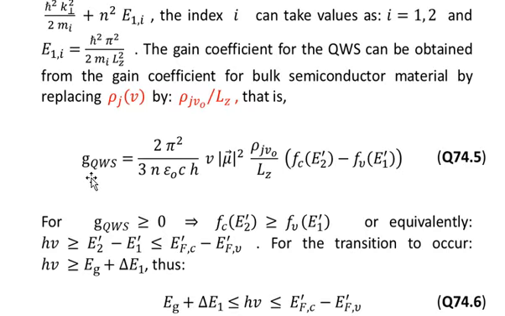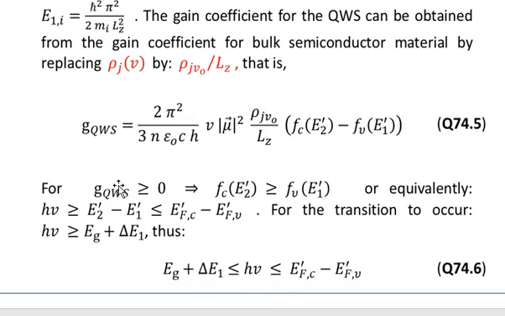Now you see that this gain coefficient for the quantum well semiconductor will be positive, that is greater than or equal to 0, and this would require that FC of E2 prime is greater than or equal to FV of E1 prime. That is, the probability that the state E2 prime in the conduction subband is occupied is greater than the probability that the state E1 prime in the valence band is occupied.